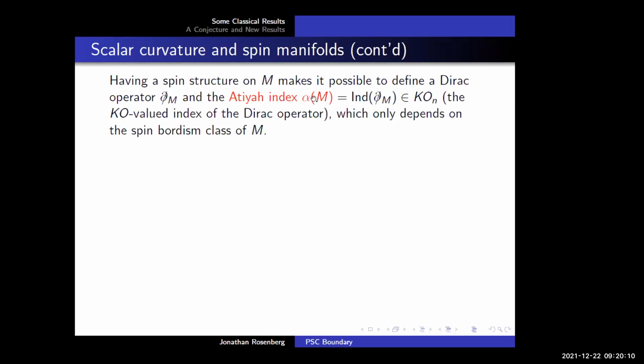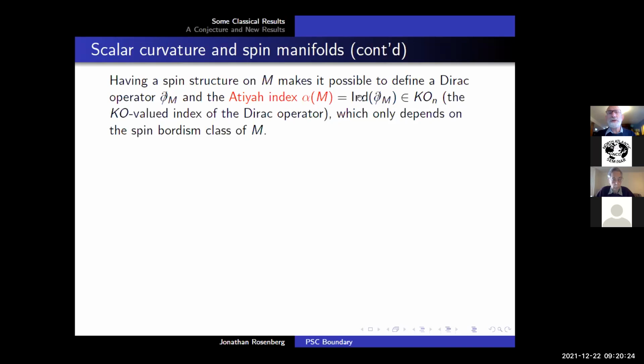This is what we'll call the alpha invariant of M. If n is divisible by 4, this is just the A-hat genus, basically. So that's an integer-valued invariant. But when n is 1 or 2 mod 8, then this takes torsion values. We'll think of this as the KO-valued index of the Dirac operator.